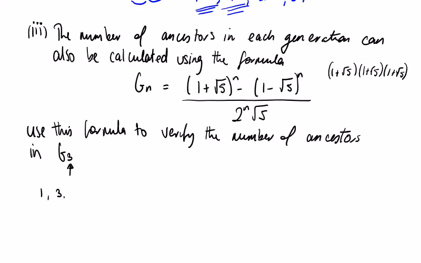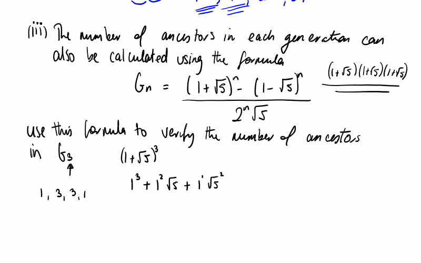This is going to apply the line 1, 3, 3, 1 from Pascal's triangle to my binomial expansion. So let me do (1 plus root 5) to the power of n. If you're not comfortable doing this to the power of 3, you can just multiply it out. It just takes a bit longer. So 1 to the power of 3 plus 1 to the power of 2 by root 5 to the power of 1 plus 1 to the power of 1 by root 5 to the power of 2 plus root 5 to the power of 3.